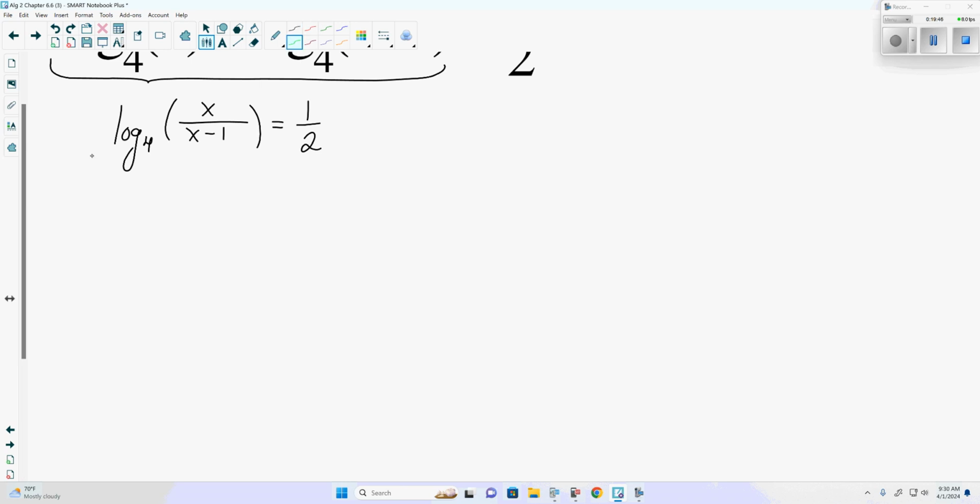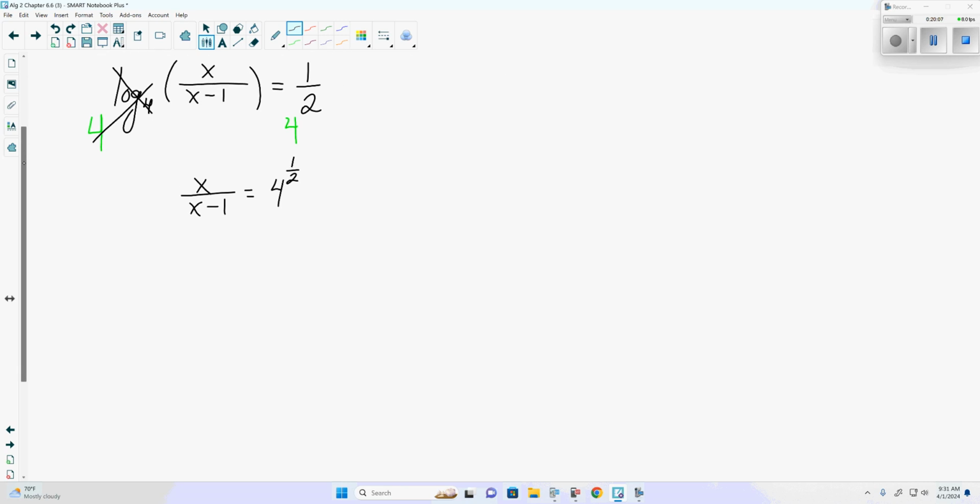What would we do next? Put both sides to the base of 4. Our 4 to the log base 4 simplifies that, leaving us with x over x minus 1 is equal to 4 to the one half.